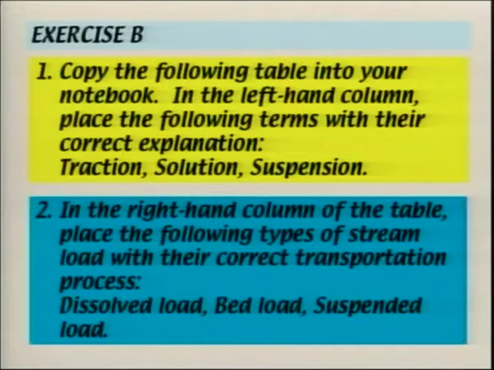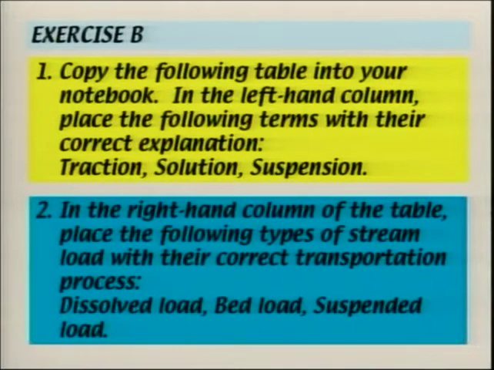Okay, for the 3rd column, because you are going to construct 3 columns in your exercise book, on the first column, you're going to put in the words traction, solution, or suspension, depending on the explanation, which will go in the middle. And on the last column, you will be required to put in the following words, which are to do with stream load.